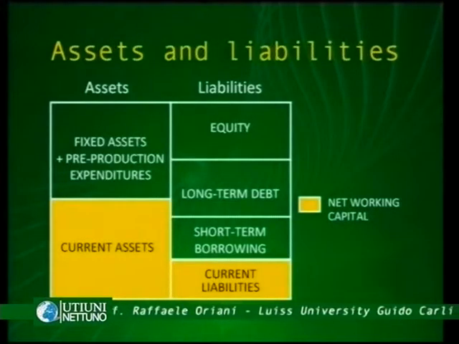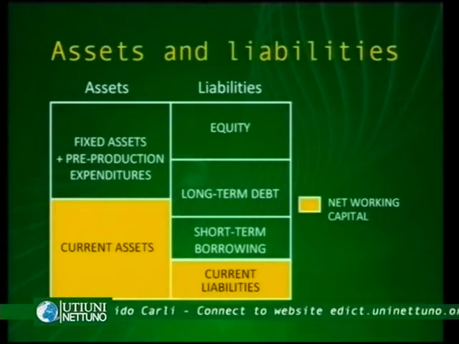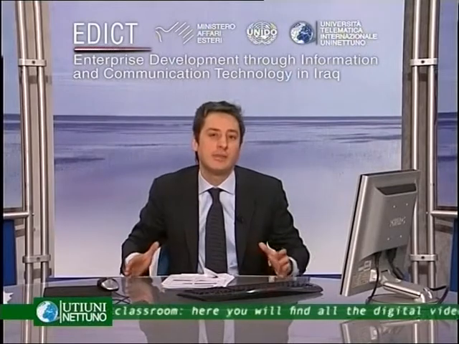So how are these assets covered? Well, these assets are covered typically by different forms of equity financing, so ordinary and preferred equity, different forms of long-term debts, so loans or bonds, and different forms of short-term borrowing from banks, but they are also covered by what we have defined in the last class as current liabilities.